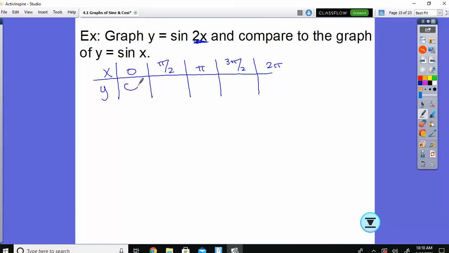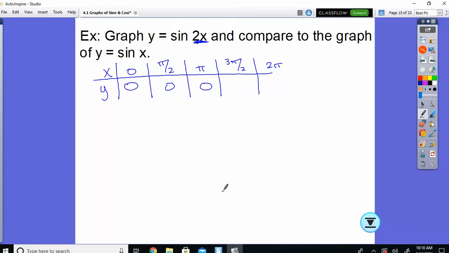Sine of 0 is 0. If I put in a pi over 2, 2 times pi over 2 is pi. What's the sine of pi? Zero. If I put in a pi, 2 times pi is 2 pi. What's the sine of 2 pi?